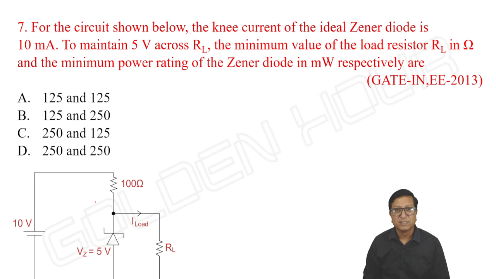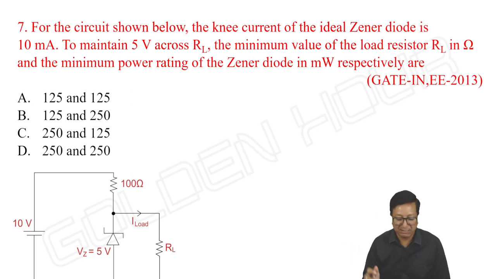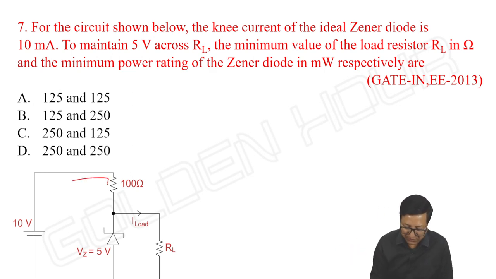The minimum value of the load resistance RL and the minimum power rating of the Zener diode, respectively. Instead of asking IL maximum as in the previous problem, they are asking RL minimum. Nothing else. So first, let us calculate I.